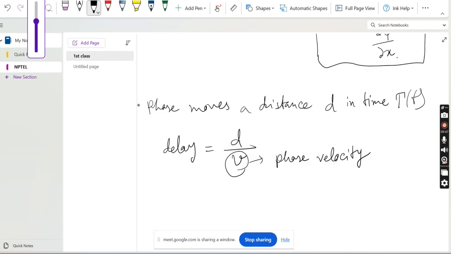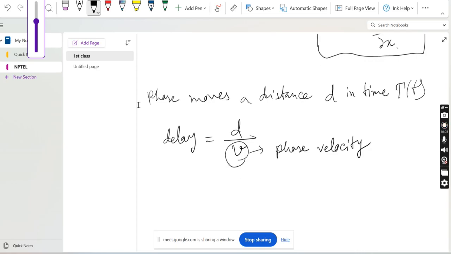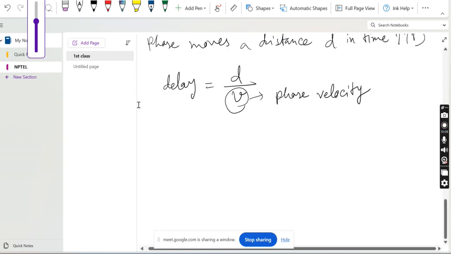Later you will understand that in real life, not only one wave travels. The wave travels in a group or packet, then we will discuss the concept of group velocity. Phase velocity means the velocity of the phase of a particular wave. So when I say a phase moves a distance d in time t, that means the phase of a particular wave moves a distance d in time t. So the phase delay would be d by v.